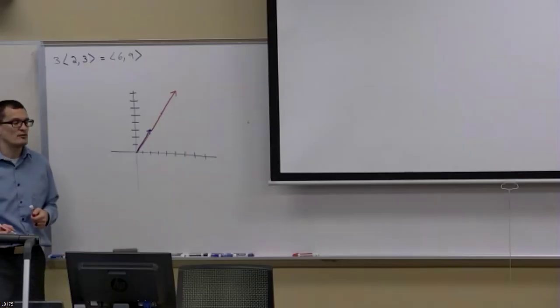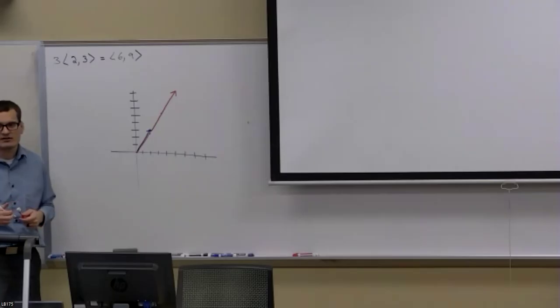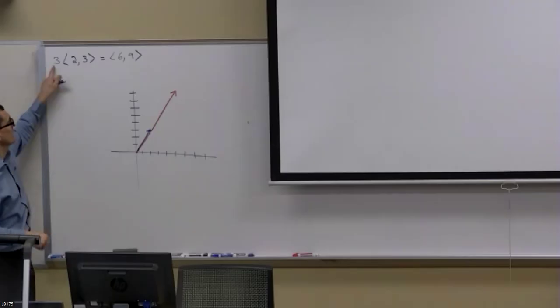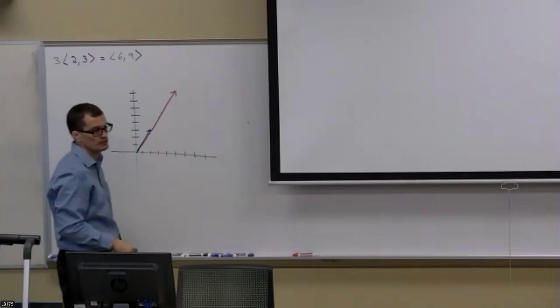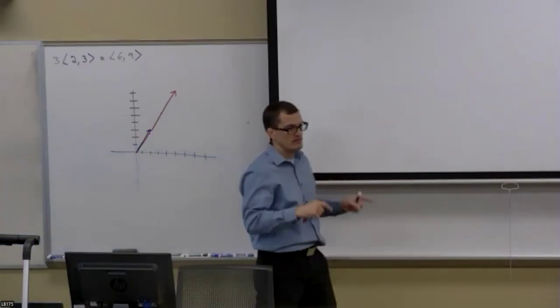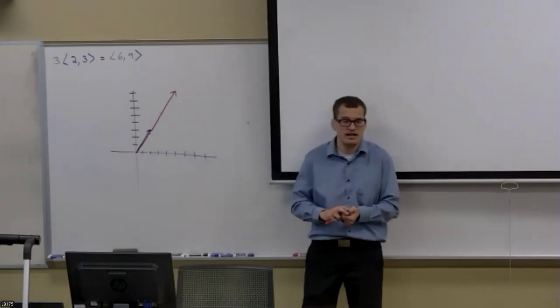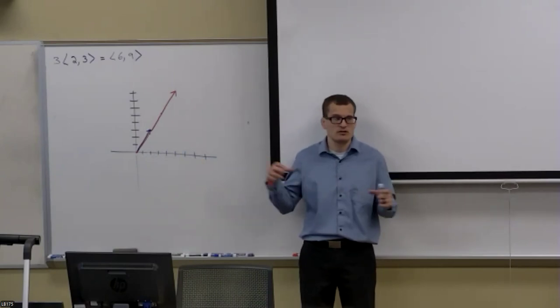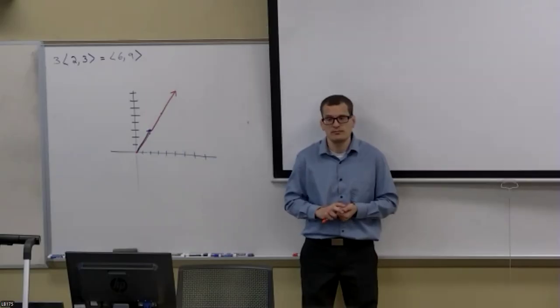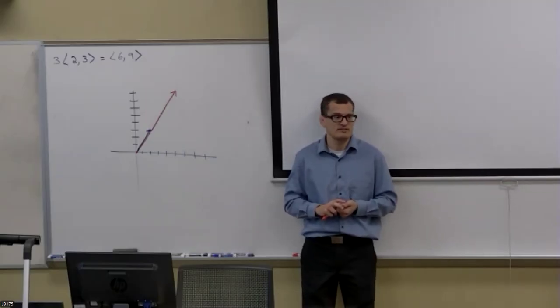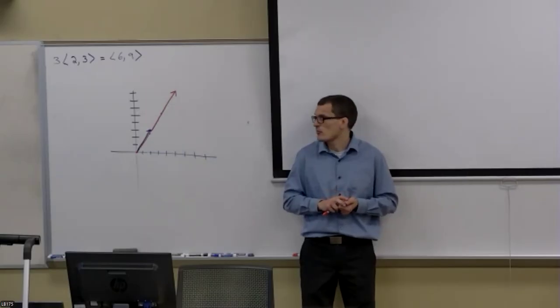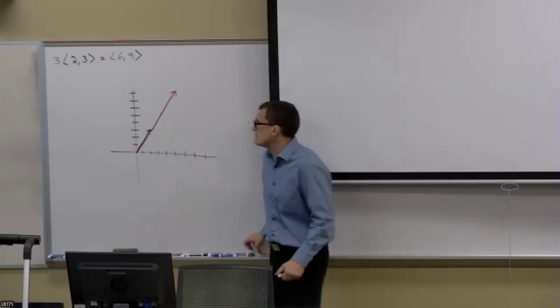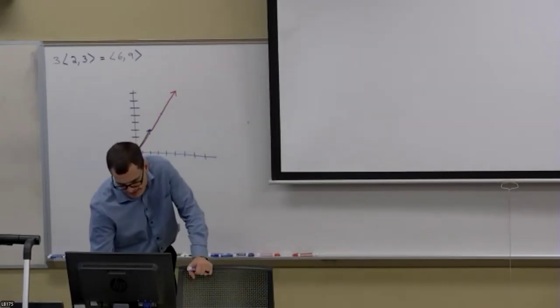Okay, so you're going the same direction, just stretched out longer. Stretched out by a factor of 3. And if I stretched out by a factor of 2.5, then I stretch it out by a factor of 2.5. If I stretched it out by a factor of pi, I stretch it out by a factor of pi. So it's going in the same direction, but just longer or shorter. If I shrunk it by a factor of 1/2, multiplied by 1/2, then it gets shorter. Multiplying by 3 made it long. Okay. So that's what's happening with scalar multiplication.